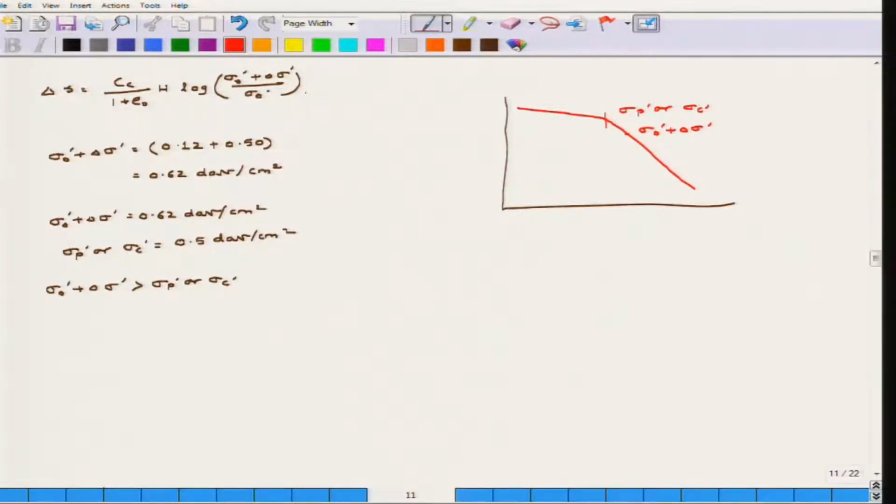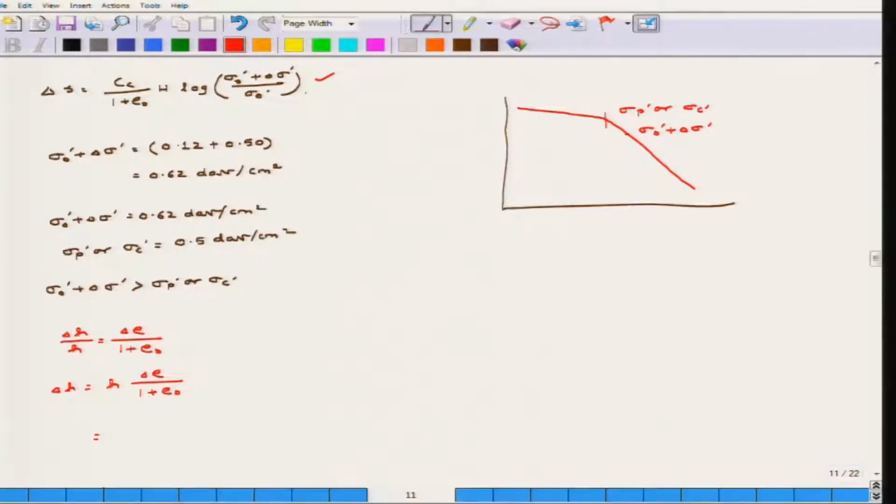Since the compression curve is given to you, instead of using this formula you can directly apply the compression curve, that is delta H by H is equal to delta e by 1 plus e naught. So delta H is equal to H into delta e by 1 plus e naught.